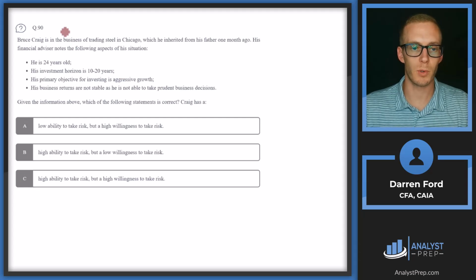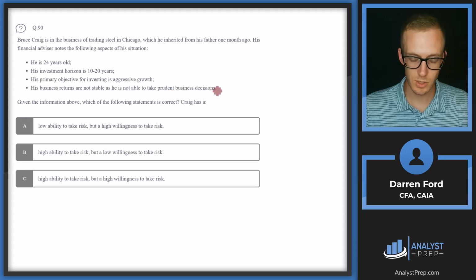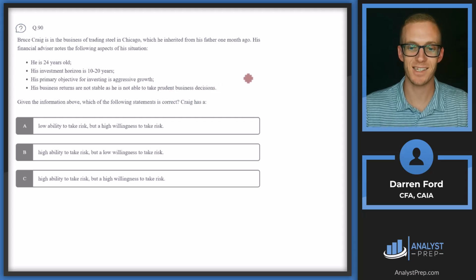Question 90. Bruce Craig is in the business of trading steel in Chicago, which he inherited from his father 1 month ago. His financial advisor notes the following aspects of his situation. He's 24 years old. Investment horizon is 10 to 20 years. His primary objective for investing is aggressive growth. His business returns are not stable as he is not able to take prudent business decisions.